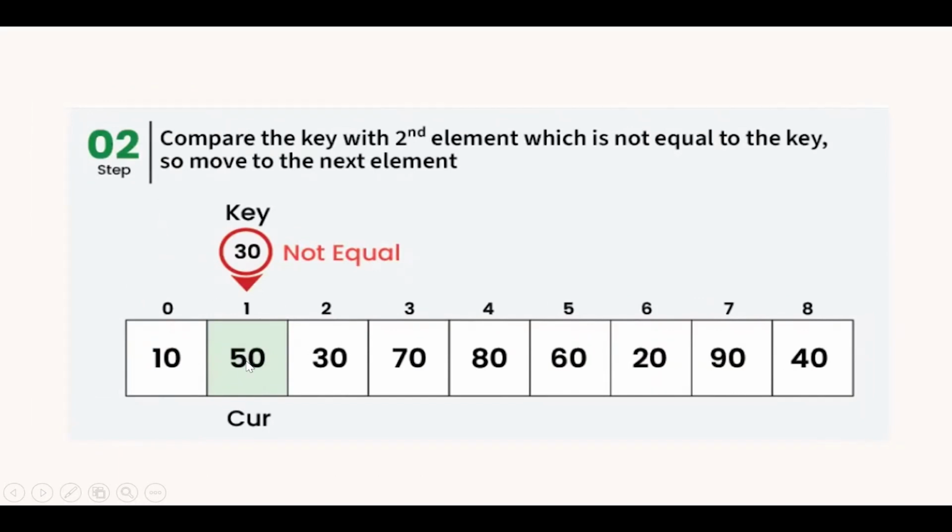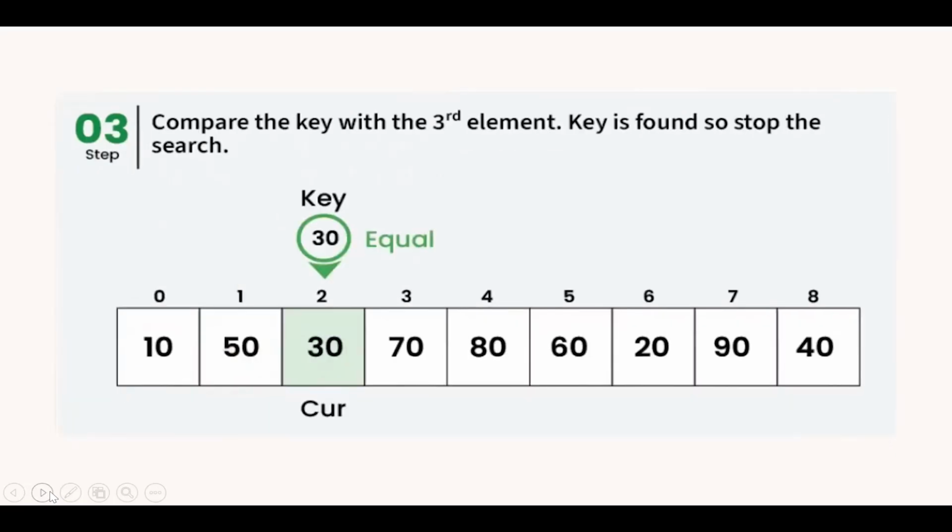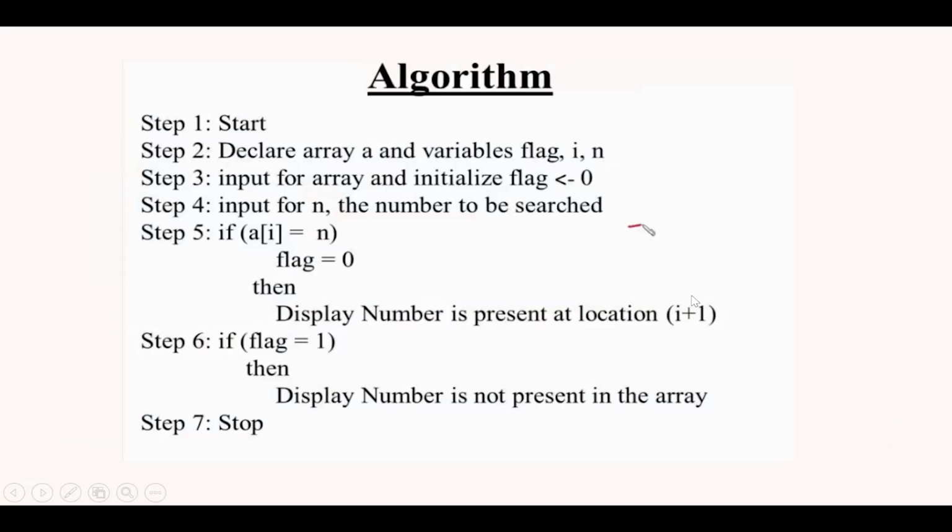They are not, so once again I advance the index and go to the next position. As you can see here, 30 and 30 match, hence it is equal. Now I can exit from this algorithm and return the position, saying it is found in the second position, or you can also display it as found in the third position. That is how this algorithm works.